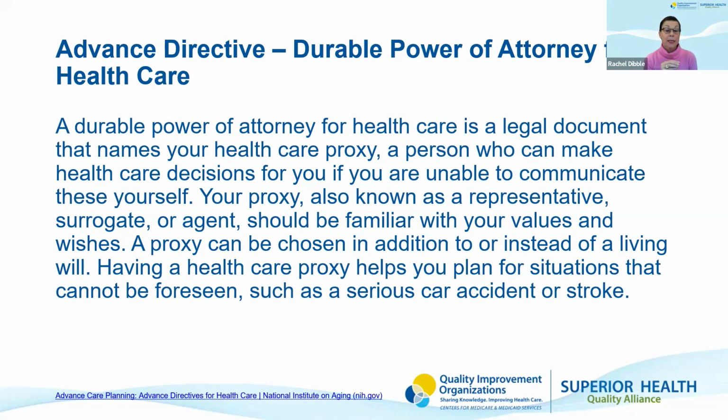So what that means is that person knows exactly what you want. I suggest having things written down. Things get hairy in situations. So having a healthcare proxy helps you, because you can do this collaboratively, plan for situations that cannot be foreseen, such as a serious car accident or stroke, particularly in chronic diseases, where an advance directive is very helpful, with stroke and power of attorney. Next slide, please.